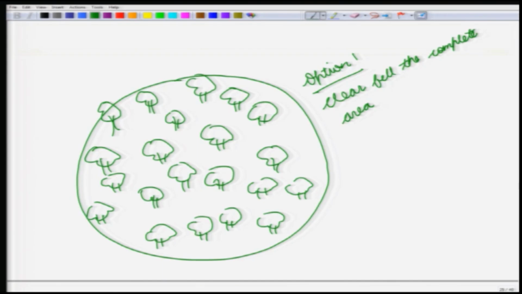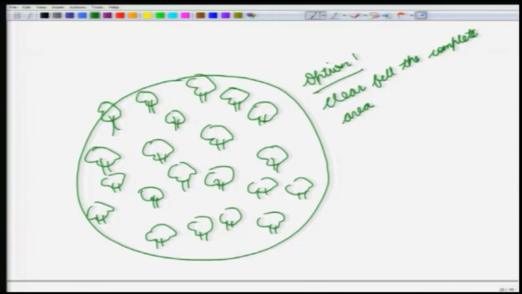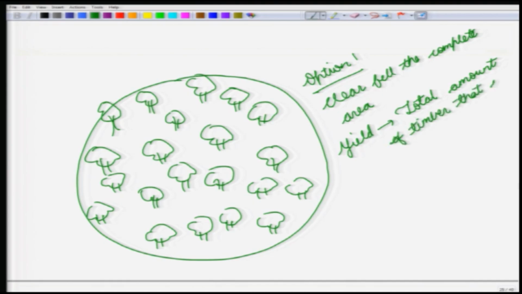Now, if you go with this option, then yield will ask what is the total amount of timber that will get extracted or harvested. So, this is the first way in which we can define yield.